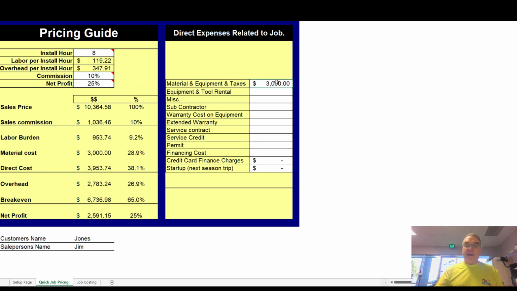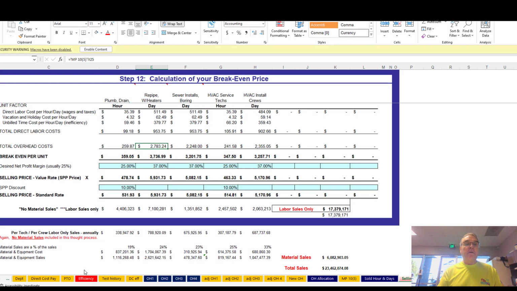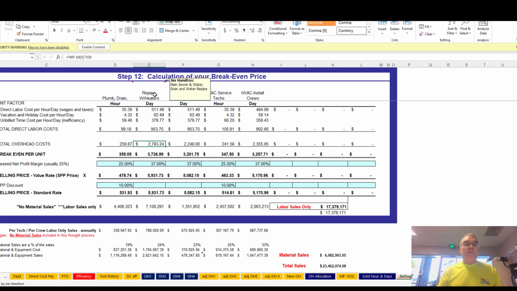So if I'm looking at a sold day and I have no material incorporated in this, our sold day is $57.49.20 for a sold day rate. And this comes right out of the profit pricer, and I believe the profit pricer that I had up on this was for the water heater repipes.